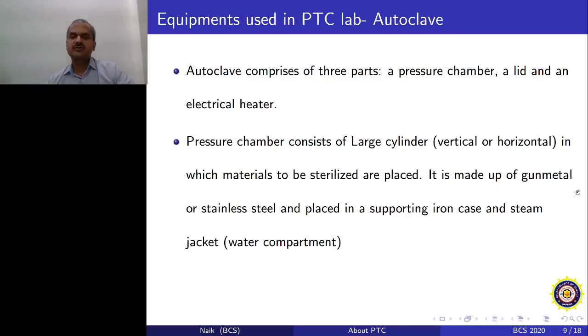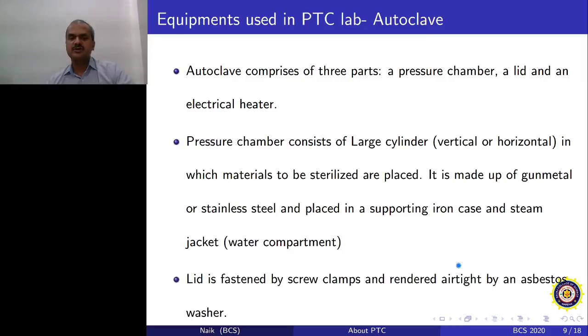It is made up of gunmetal or stainless steel placed in a supporting iron case along with the steam jacket. The steam jacket is also called a water compartment. Now the lid is generally fastened by screw clamps, so you can move the lid in a clockwise or anti-clockwise direction. Generally clockwise fastens the lid and anti-clockwise loosens it.